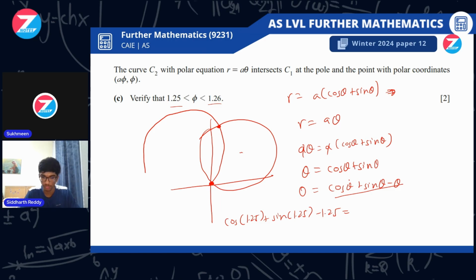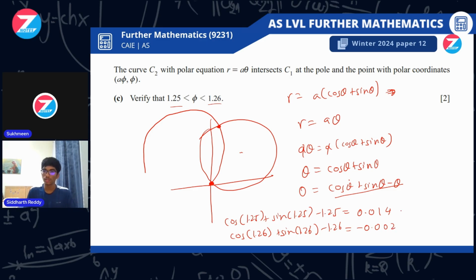So cos of 1.25 plus sine of 1.25 minus 1.25 is equal to 0.014, and if we take cos of 1.26 plus sine of 1.26 minus 1.26, we get minus 0.02002.